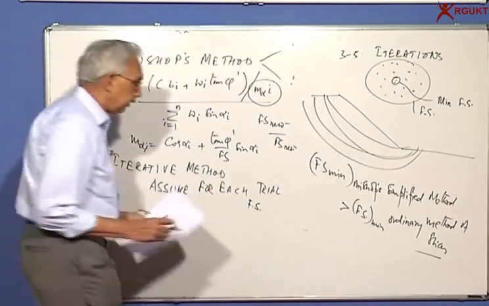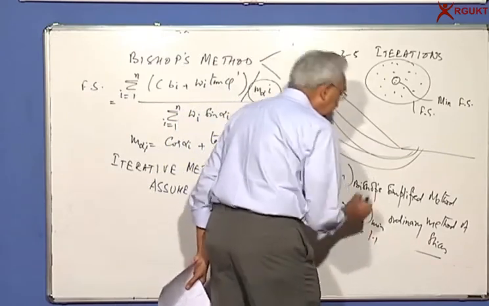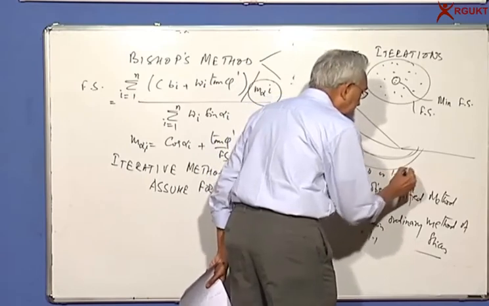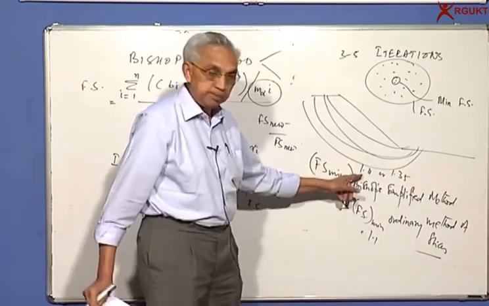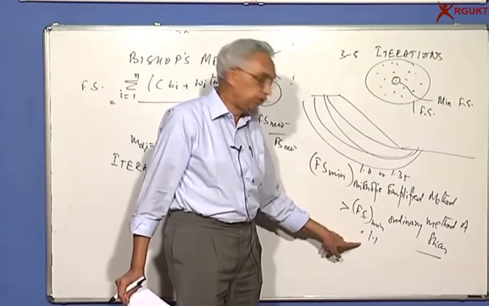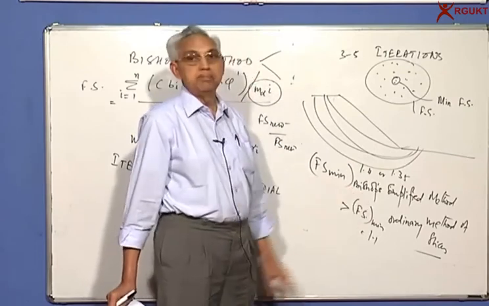Suppose with the ordinary method of slices, the factor of safety is 1. This will give you 1.4 or say 1.35. And you say, this is much better, so I don't need to worry about possible failure because this is too low. So nowadays, nobody uses the ordinary method of slices.